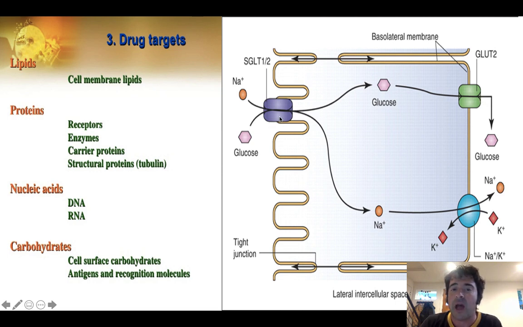If you inhibit that, you're not going to be able to reabsorb glucose or sugar from your urine, and you're just going to urinate that glucose out, which is going to drop your blood glucose levels. It's connecting things. Protein, protein, protein.